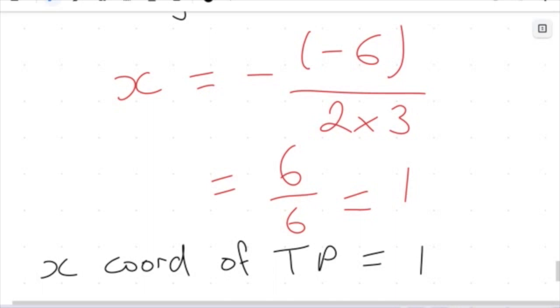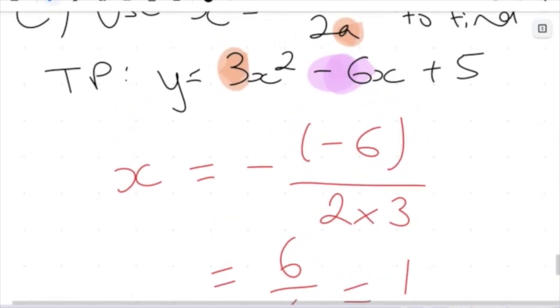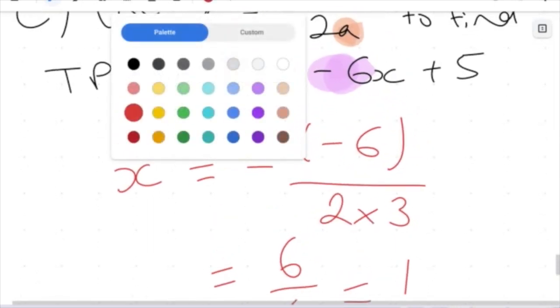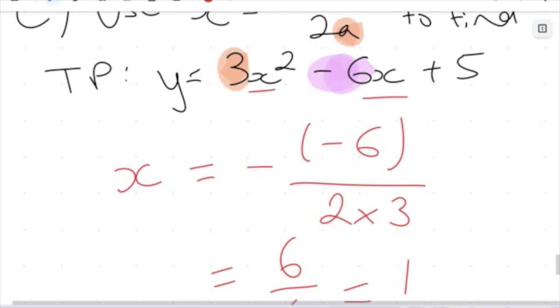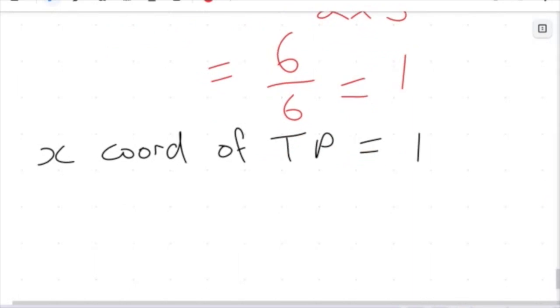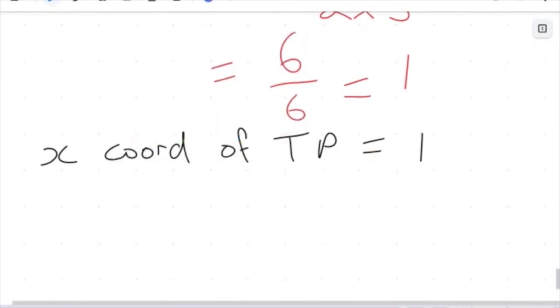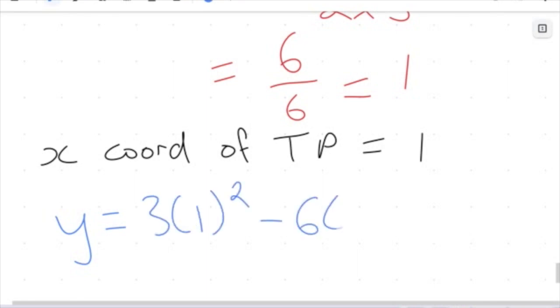Now, how do we find the y coordinate? Well, we just sub in that value of x into here in order to find my y coordinate. So what I'm going to do is say, okay, y equals 3 times 1 squared minus 6 times 1 plus 5.